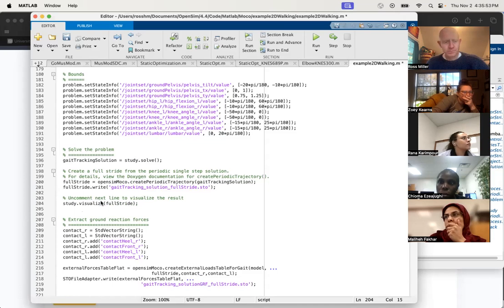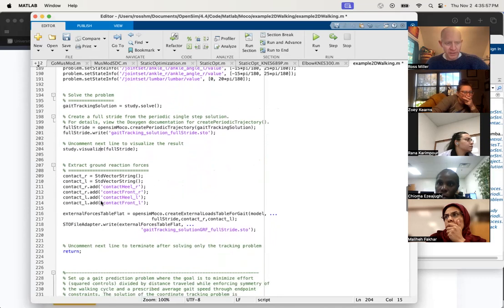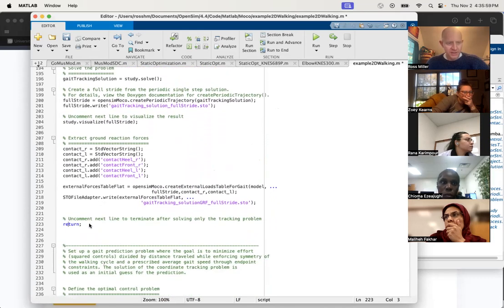Okay. And then most importantly, down here on line 223, that return command is probably commented out, and you want to undo that comment and get it to actually execute that return command.